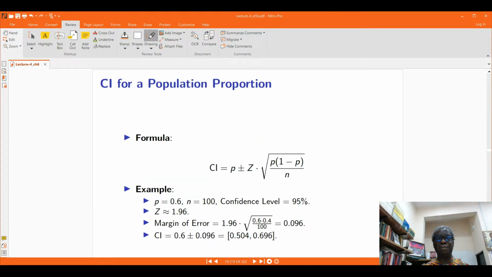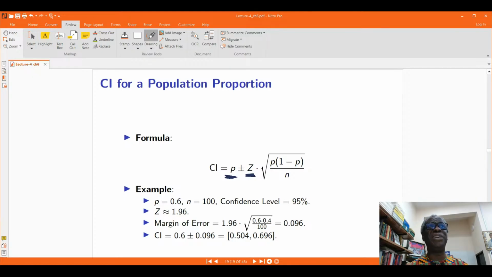The same approach applies if we are interested in computing a confidence interval for a population proportion. We're already familiar that you get your estimates by using the sample proportion formula. And you get your Z-score depending on whether your level of confidence is 90, 95, or 99.